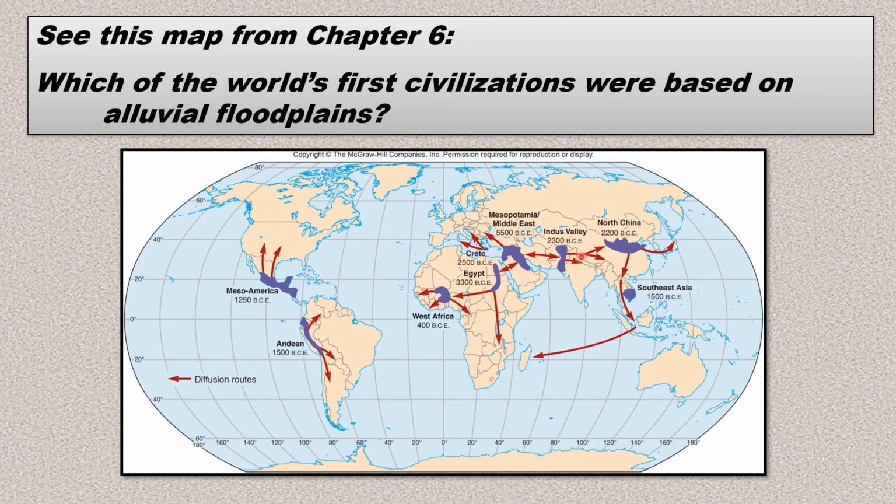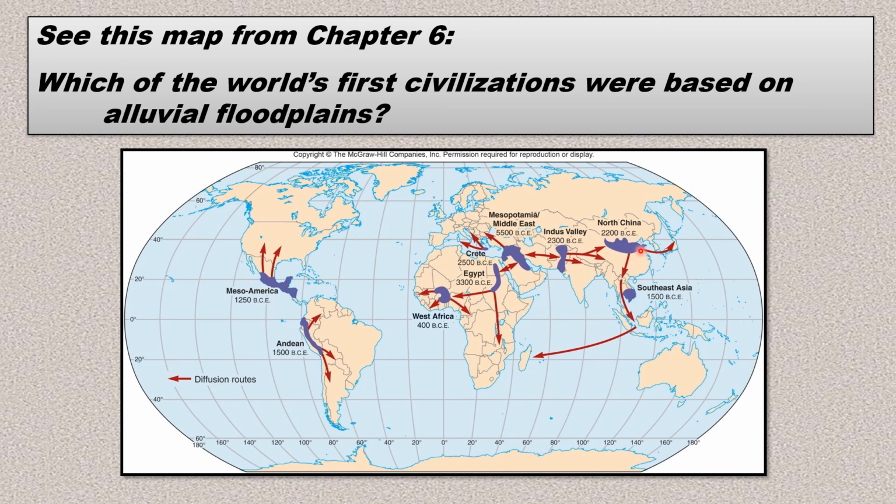Well, how about India? In India, the base of its civilization is the Indus River Valley. And so that valley, a fertile area, alluvial floodplains, good for growing crops and supporting a large population. Well, how about Chinese civilization? What's the basis of Chinese civilization? Well, did it arise in an alluvial floodplain area?